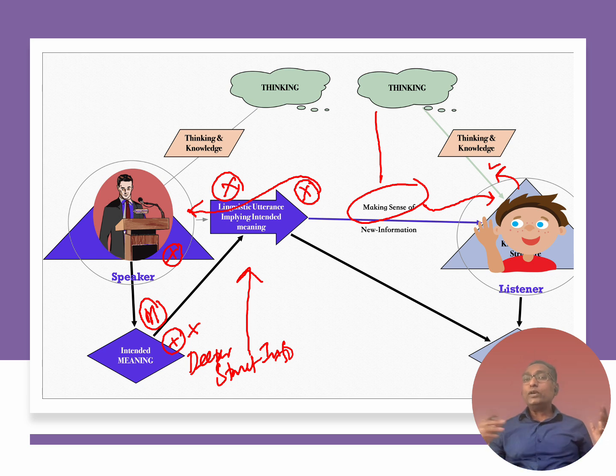But he may use different linguistic ways of presenting, and that is the linguistic utterance. This is the utterance that implies this particular meaning. Let's take an example. If I want to convey the idea that I read a book called Thought and Knowledge, and it's wonderful.